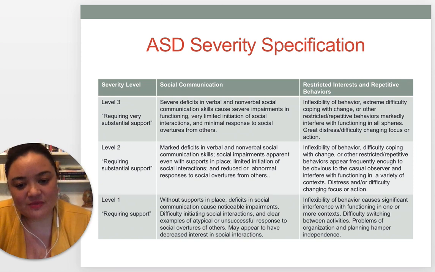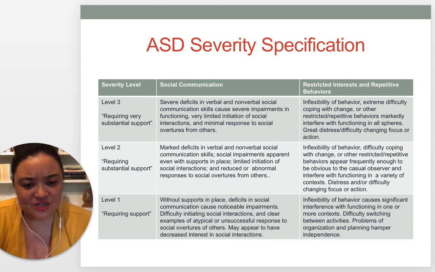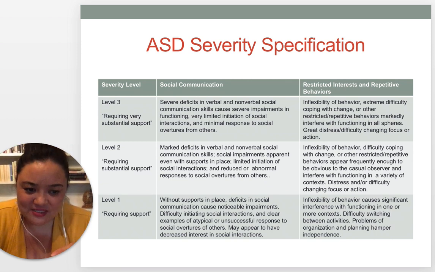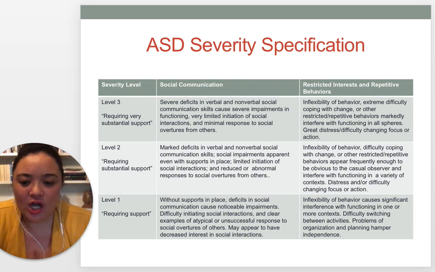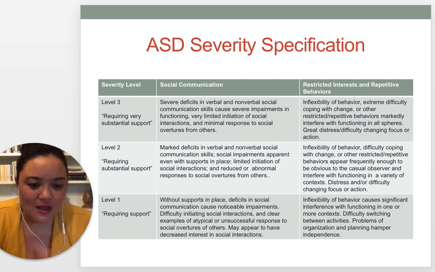Compared to a person who speaks simple sentences, but whose interaction is limited to their specified interests, and might have some markedly odd nonverbal communication, would be rated as a level 2, right? Compared to a person who speaks in full sentences, engages in communication, but has difficulty with back and forth conversations, and their attempts to make friends are typically odd or unsuccessful, they might be a level 1.